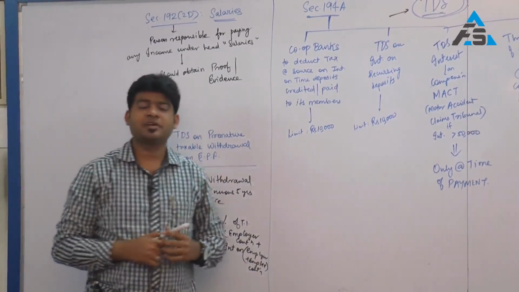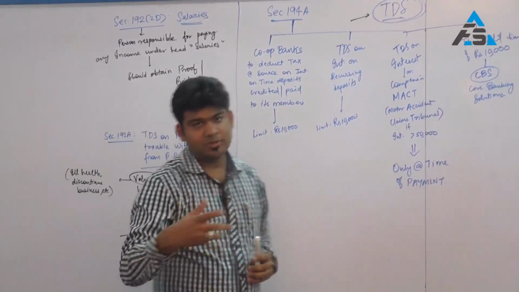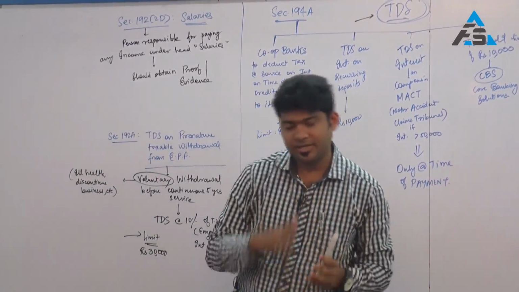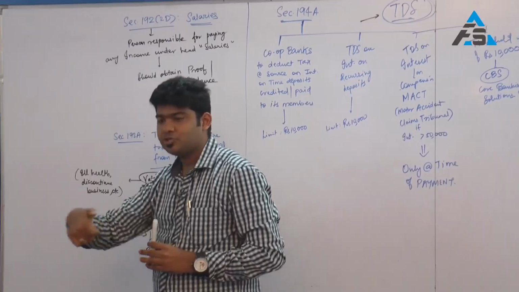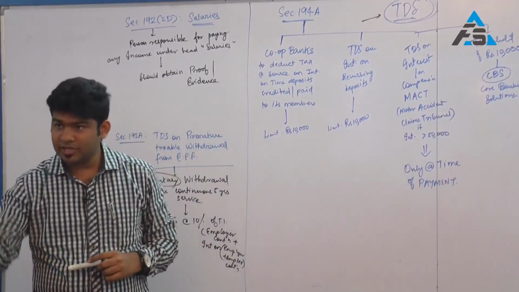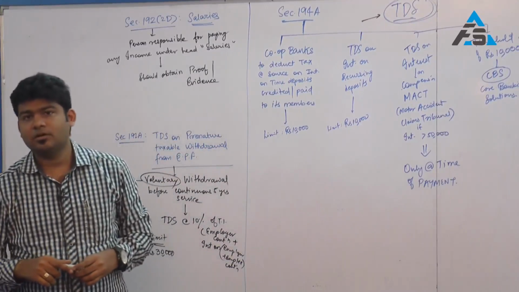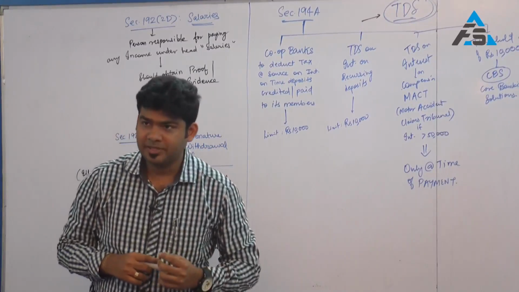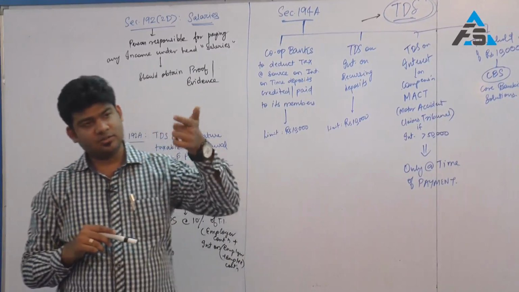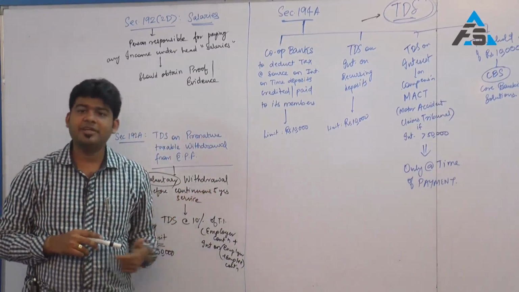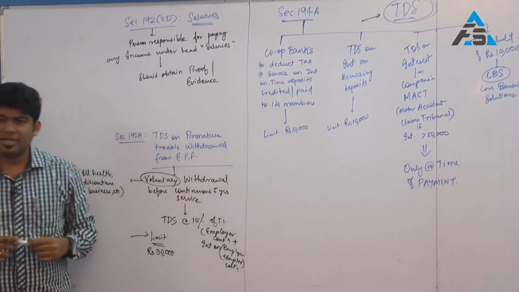Suppose there is a leave travel concession that I take. So I should be able to show the journey that I am taking through air or through rail. I should have sufficient vouchers so that I can claim the benefit from the income tax department. So in such cases, there is the production of evidence, for section 80C.